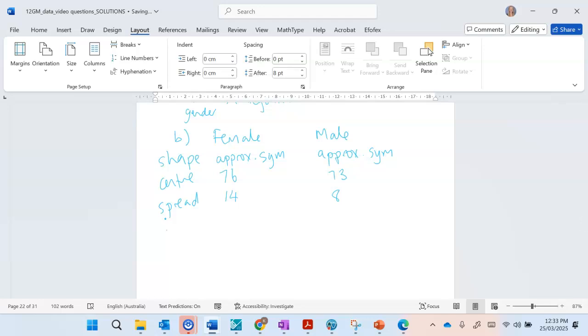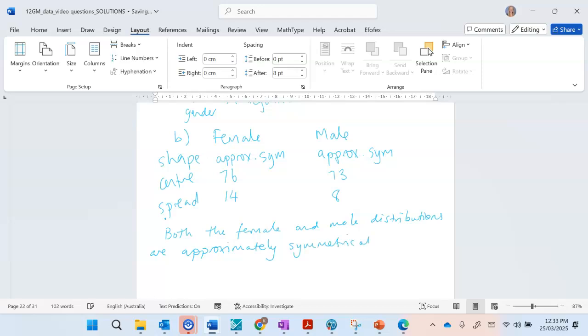So both the female and male distributions are approximately symmetrical. And there's no outliers.